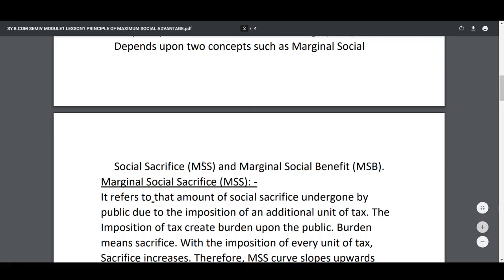What are they? MSS means marginal social sacrifice, and MSB means marginal social benefit.